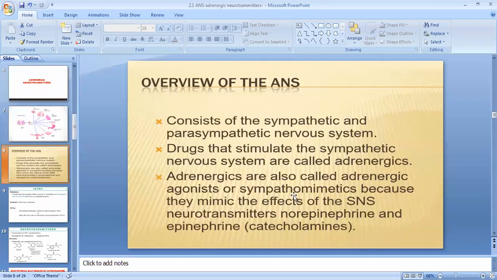Why sympathomimetics? Because those drugs mimic, meaning they increase the effect of the sympathetic nervous system. So what system do we call them? Sympathomimetics. That means adrenergic drugs are called adrenergic agonists and also sympathomimetics. The neurotransmitters involved in this system are norepinephrine and epinephrine.